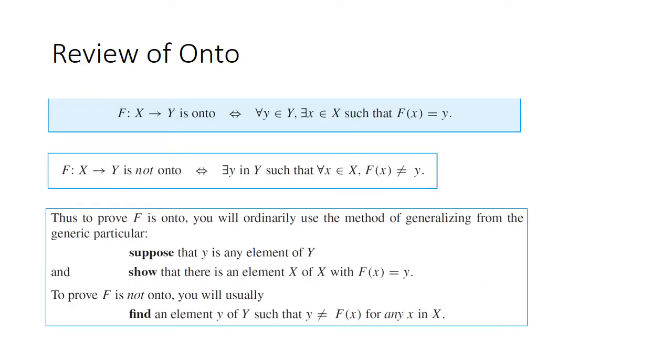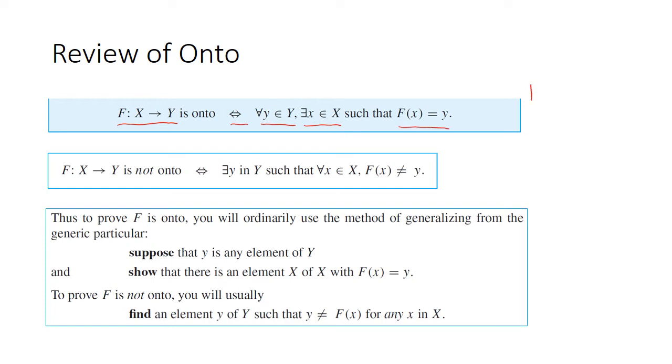But before we go over examples, let's review what onto means. So onto, if you have a function big F from big X to big Y, that is called onto if and only if for all little y's in big Y, there exists a little x in big X, such that little x, when you plug it into the function, gives you little y.